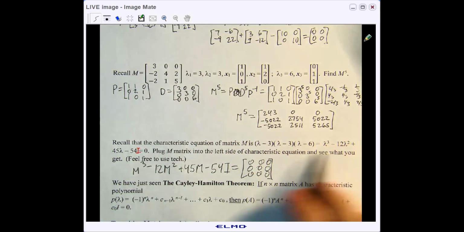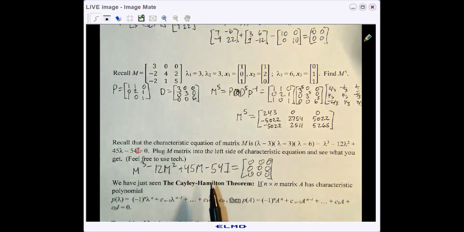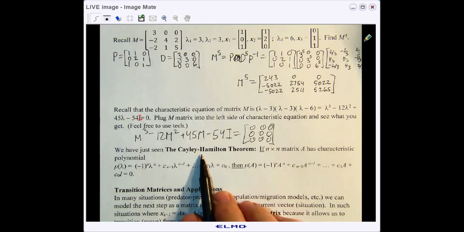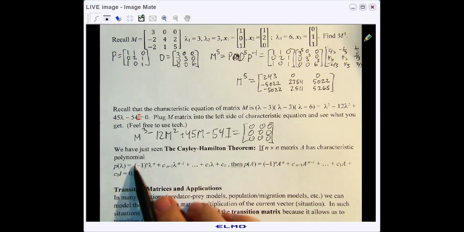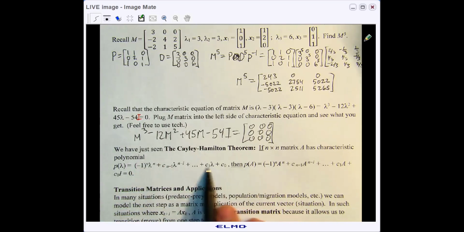So it satisfies its own characteristic equation, which is simply what we call the Cayley-Hamilton theorem: if a matrix has a characteristic polynomial given by this, then if we stick the matrix into that characteristic polynomial, basically the characteristic equation, then it will be equal to 0.